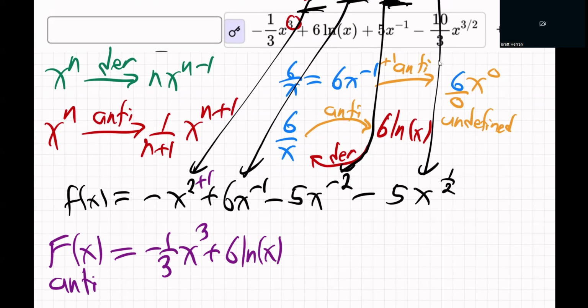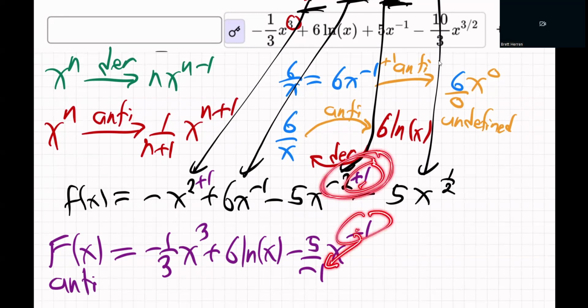So that's the anti. Now, what do you do with this guy? You add 1 to the power. That'll make it what? Negative 1, and then divide by that. Minus 5 over negative 1. Negative 2 plus 1 is negative 1. Then you divide by that in the front.